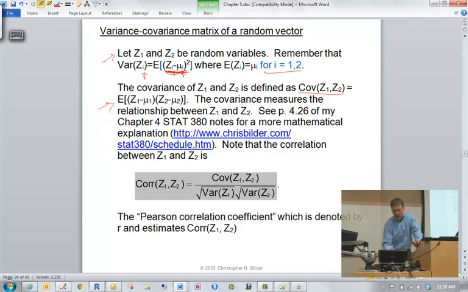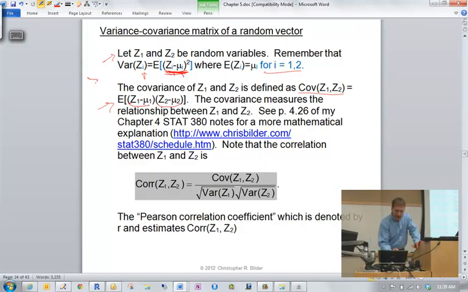Practically what you're doing up here is you're taking z1 minus mu1 times z1 minus mu1. But now with a covariance, you allow for 2 different random variables to be in there instead. And what this is going to allow you to do is measure the relationship between the 2 variables. In other words, the dependence between them.